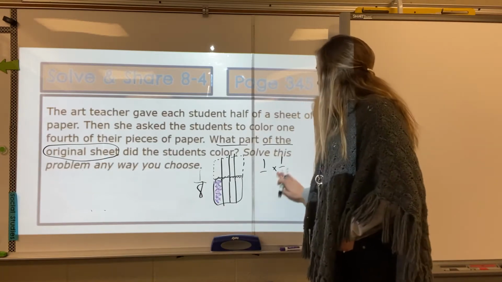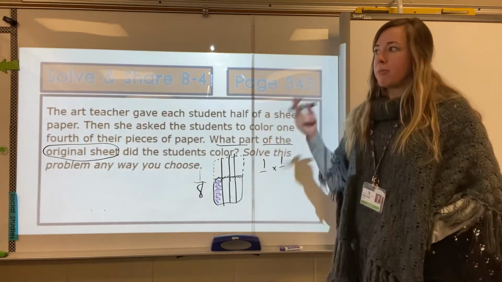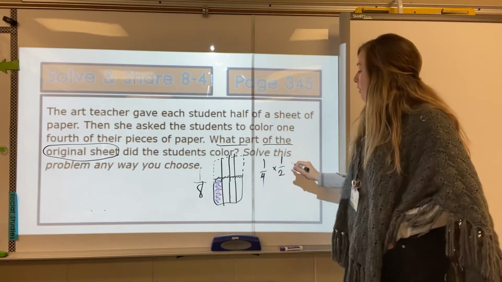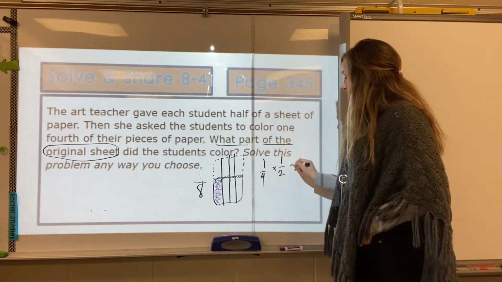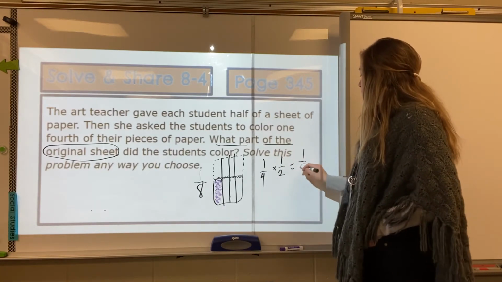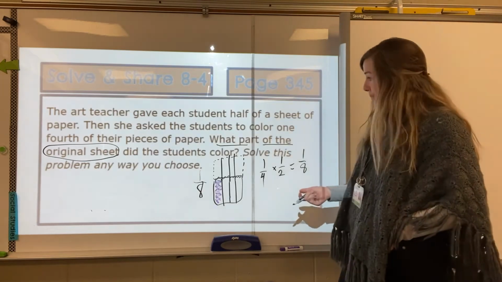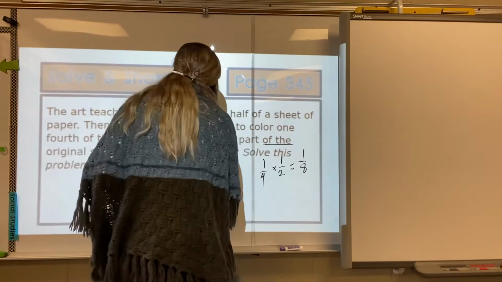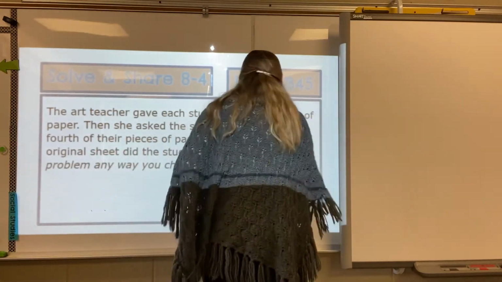Sorry, one second. Which, you know, is the commutative property. When you multiply, you get the same answer. But so we have 1/4 of a half a sheet of paper. There we go. So if I multiply across my top, I get 1. Multiply across the bottom, I get 8. There we go, 1/8.